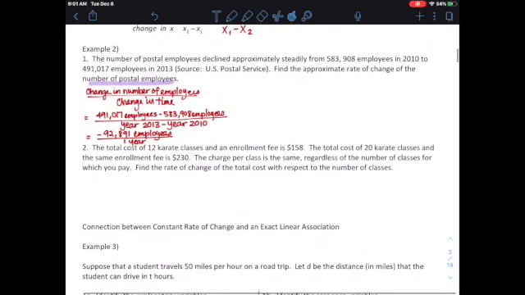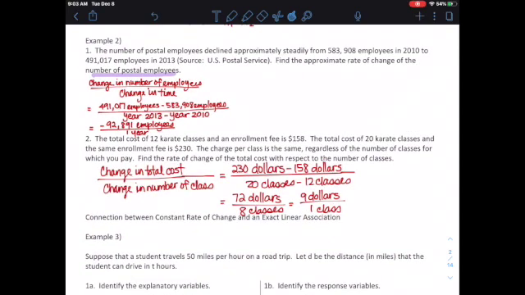Example number 2. Why don't you give it a try, pause it, and then come back and check the answers. For example number 2, the total cost of 12 karate classes and the enrollment fee is $158.